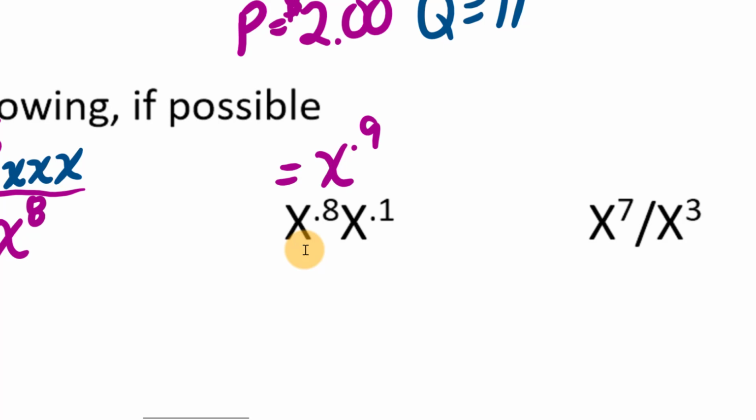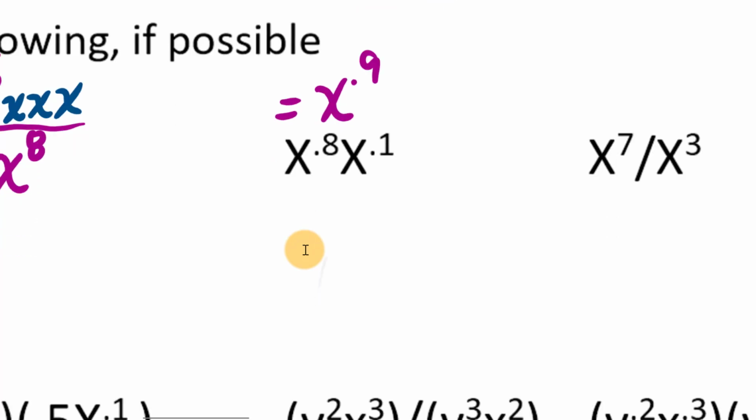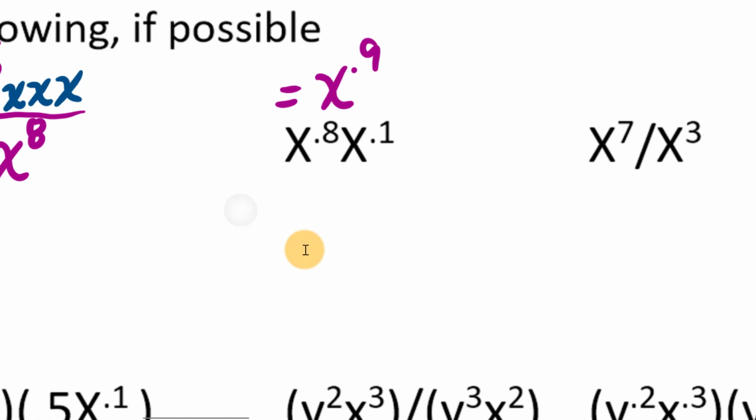Now let's just take a minute to discuss what an exponent means when it's a decimal like this. Well, what x to the 0.8 power means is to take x, raise it to the 8th power, but then do the 10th root.